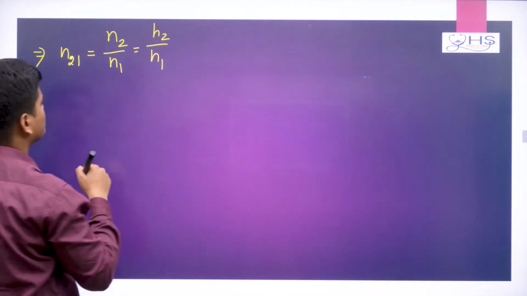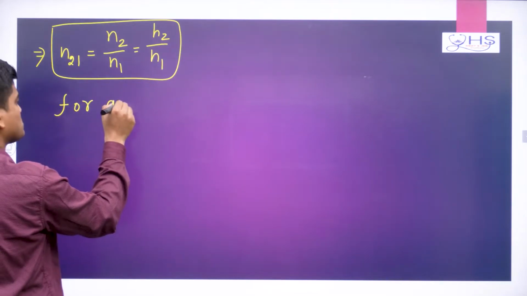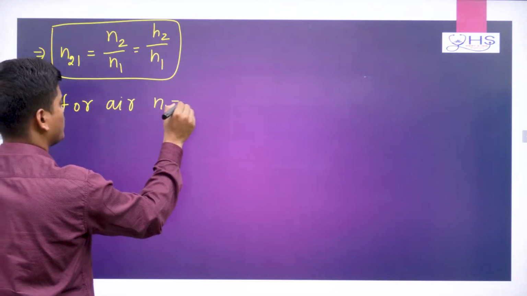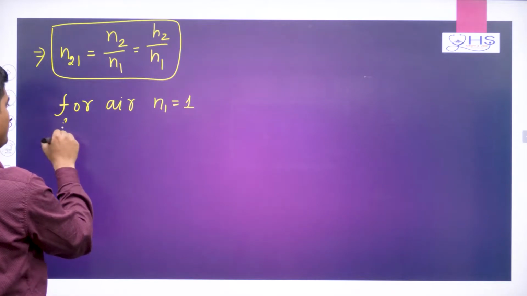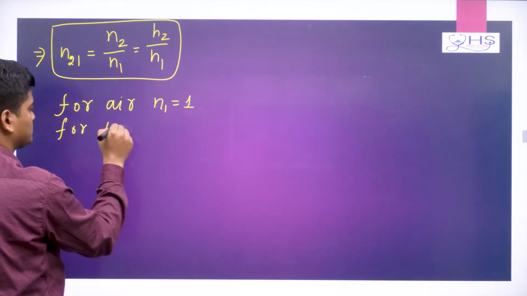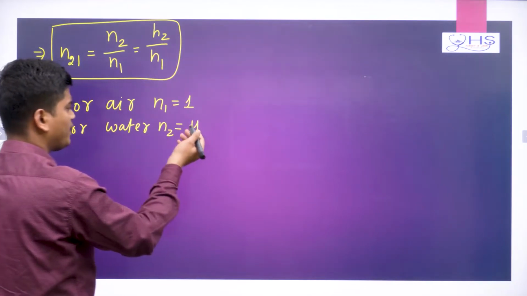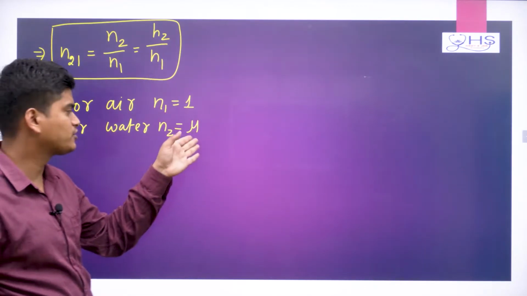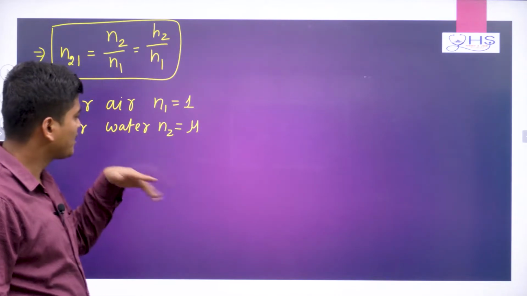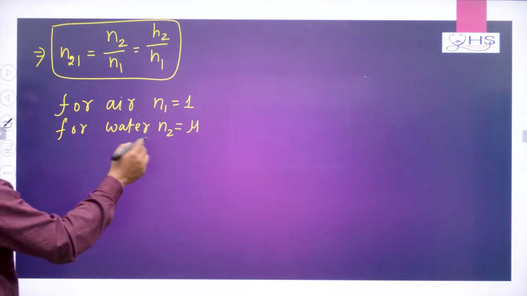For air, N1 equal to 1, and for water, suppose N2 equal to some mu. For water we know it is actually 4 by 3, but I am considering it as mu.